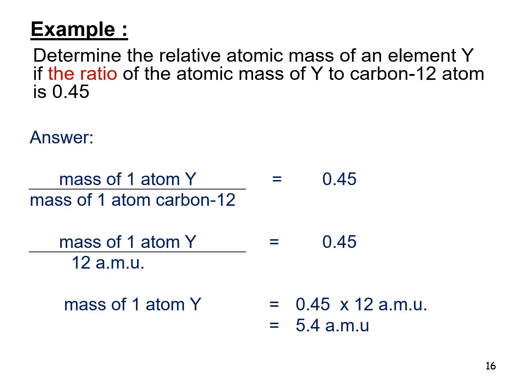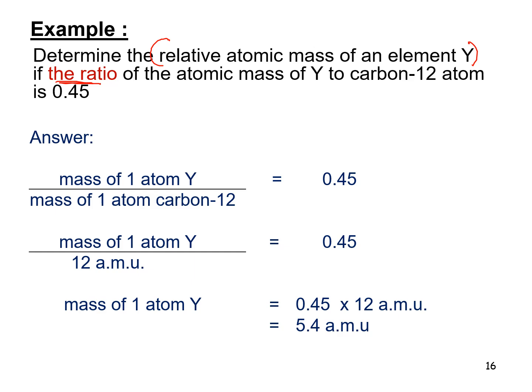Okay, so for example, determine the relative atomic mass of an element Y if the ratio of the atomic mass of Y to carbon 12 atom is 0.45. So that's why lah you kena hafal formula relative atomic mass.